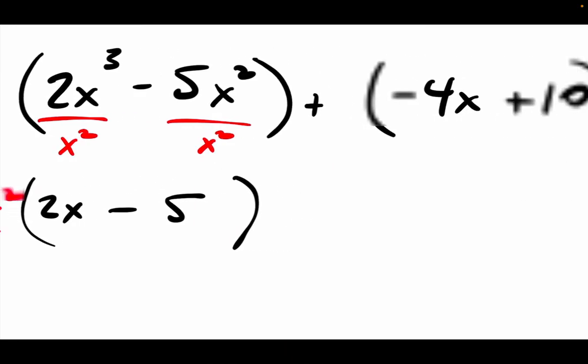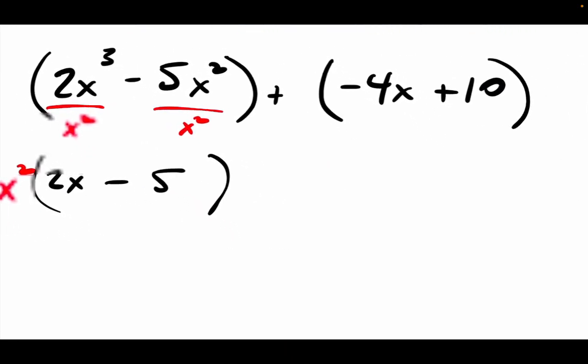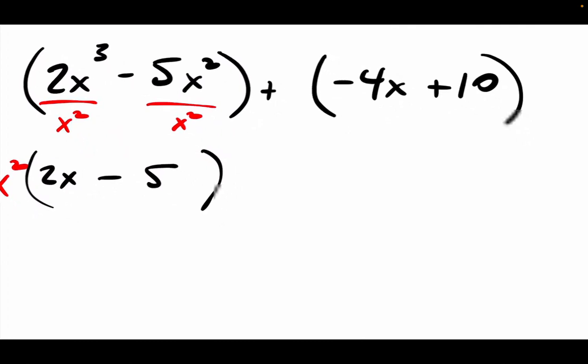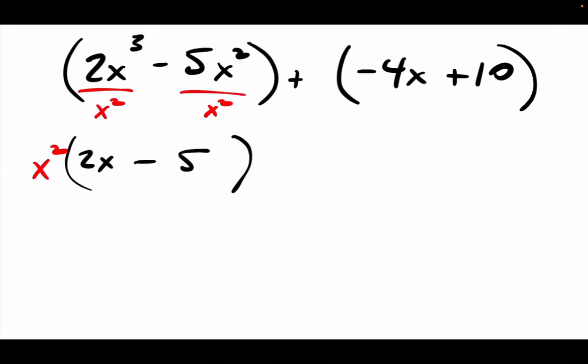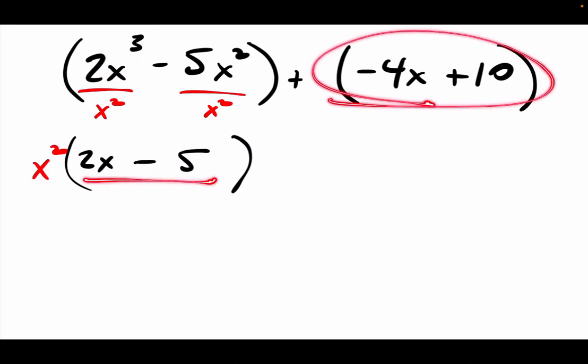Step 5. The other guy. So here's the trick. I'm going to show you the trick. Once you do the first guy, I want the second one to look like, after I'm done with the GCF, I want this guy to be 2x minus 5.